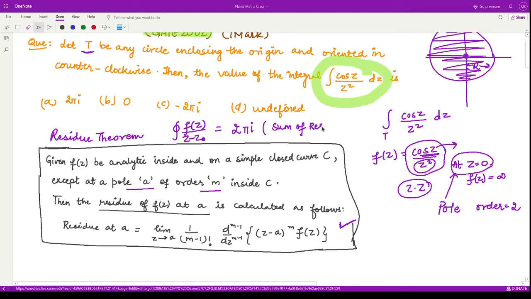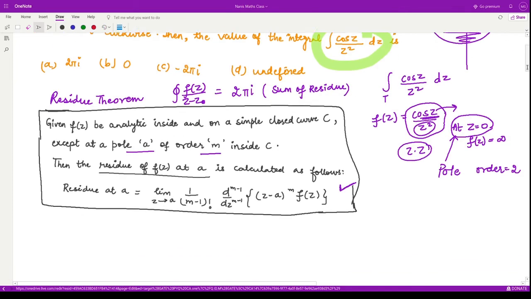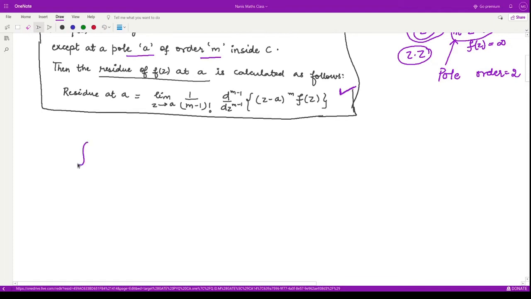So here we are to calculate the residue at the point z equal to 0. Ultimately we are calculating the integration of cos z divided by z square dz, and this is equivalent to 2 pi i multiplied by the residue of the function f(z) at the point z equal to 0.